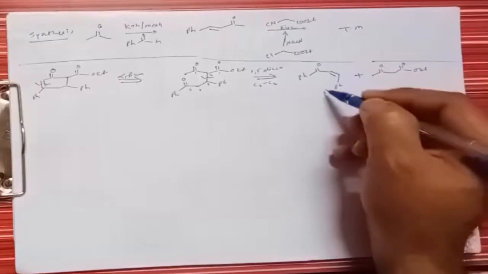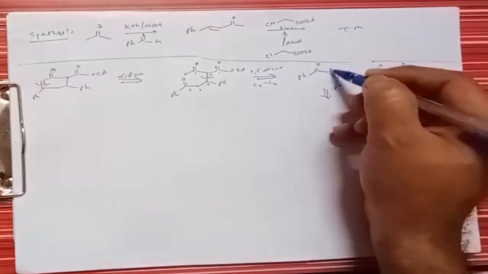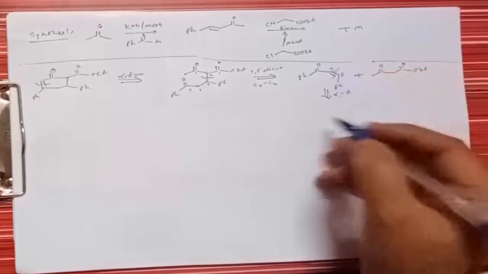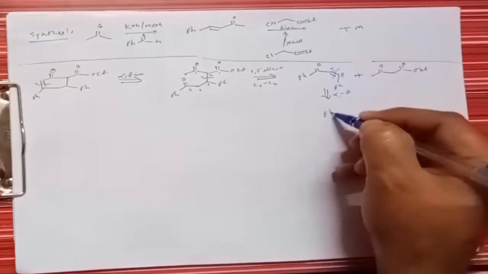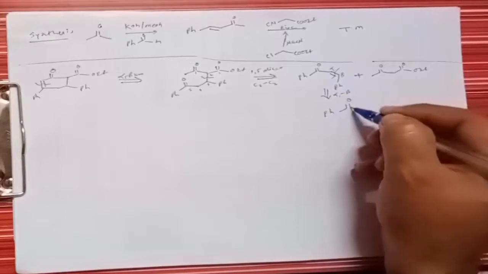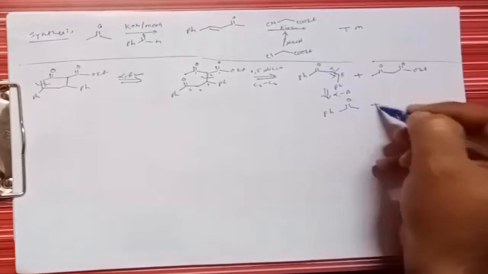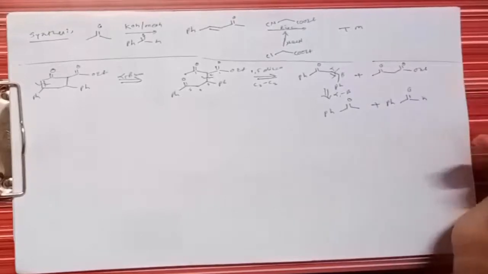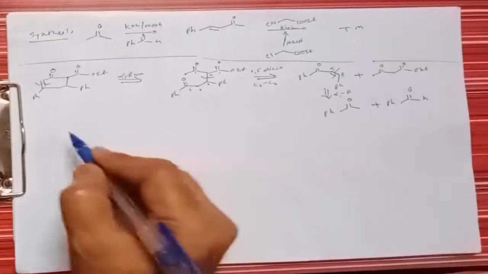So again, this is an alpha beta unsaturated ketone. Then we can break the bond at this position, and from one side it gives Ph C double bond O CH3, plus from the other side it gives an aldehyde, right? An aldehyde as well as a ketone, that is acetophenone as well as benzaldehyde. Then the synthesis.